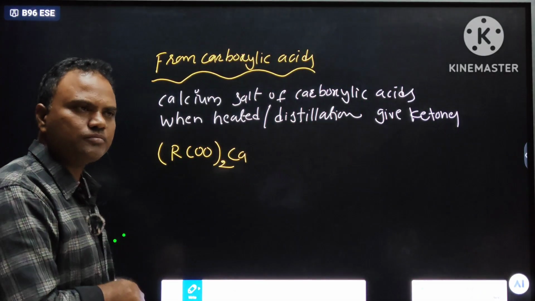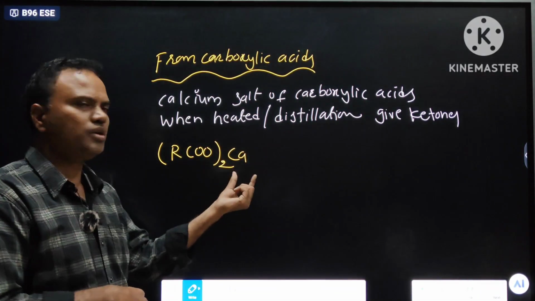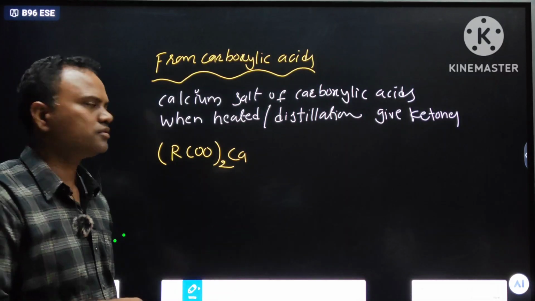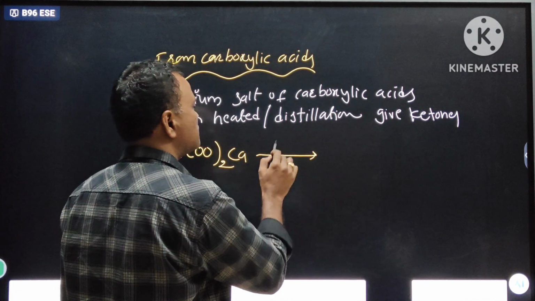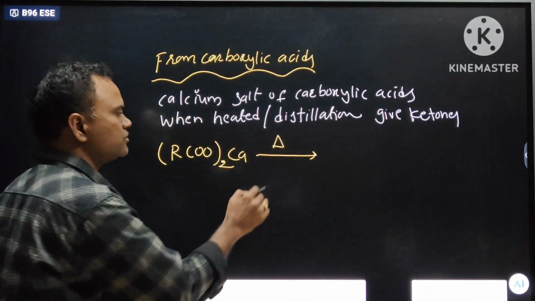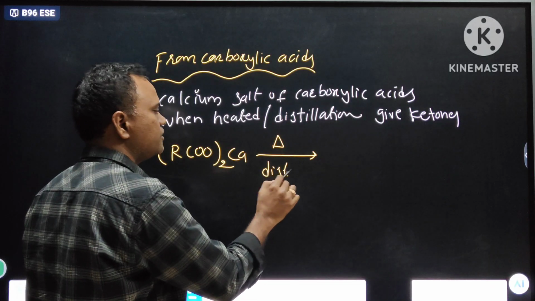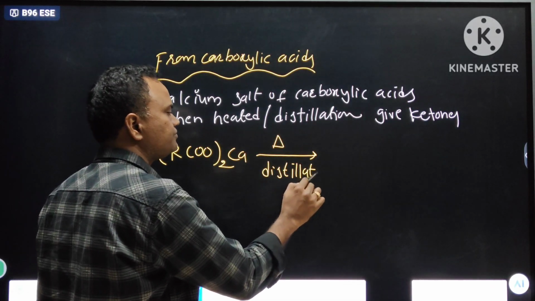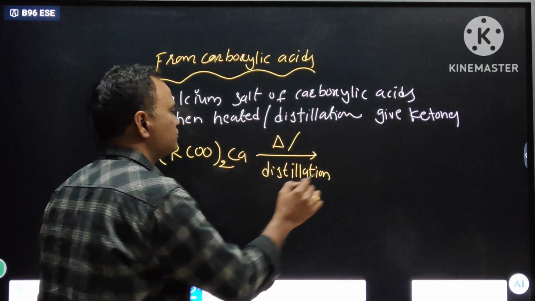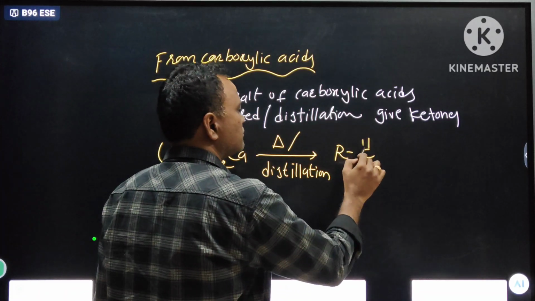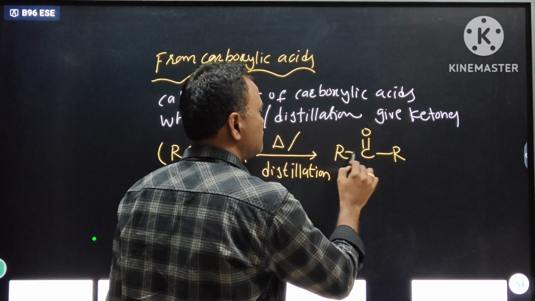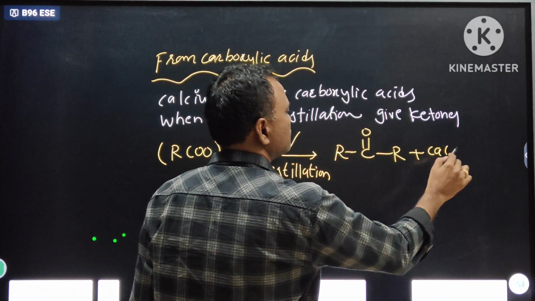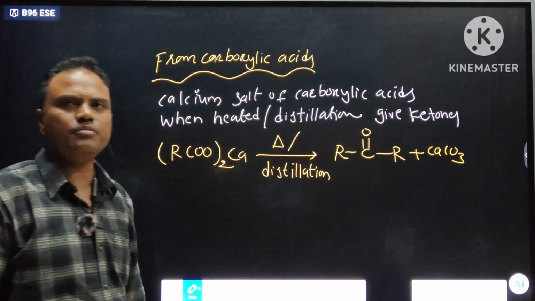Just now I gave, na? For 2 units, 1 calcium is necessary. So when it is subjected to heating or distillation, ketone is formed and CaCO3. CaCO3 is the byproduct.